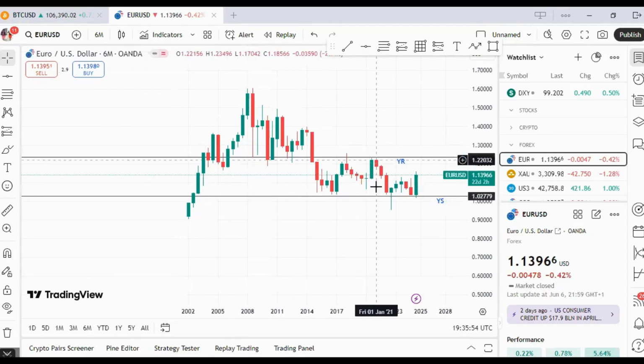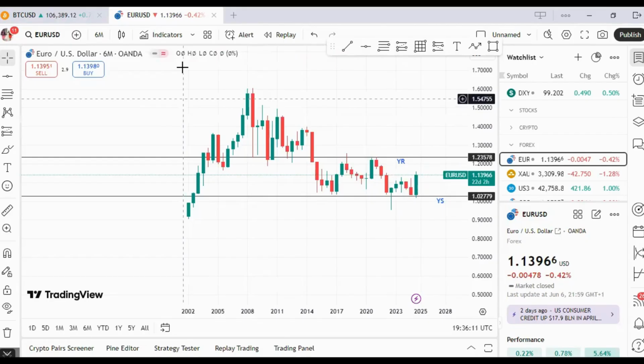What pattern formed here? Double bottom. Who is talking? David, is it you? No, it's Captain. Oh, okay.